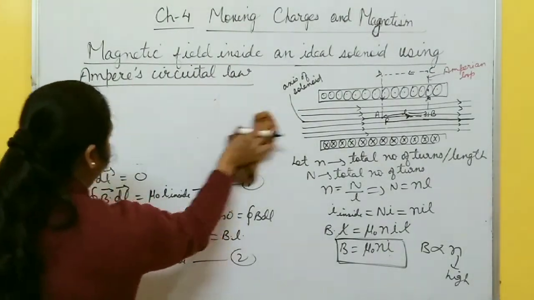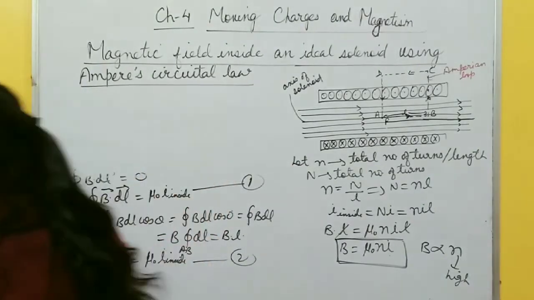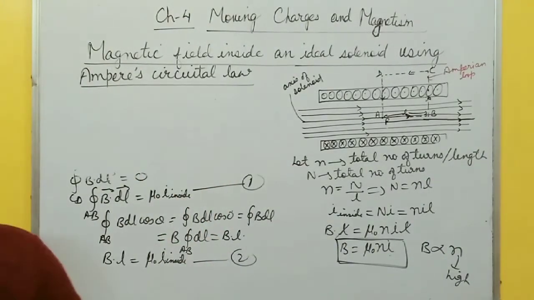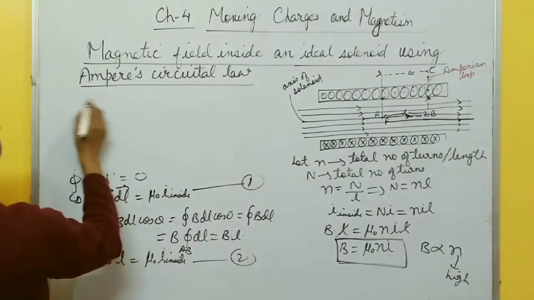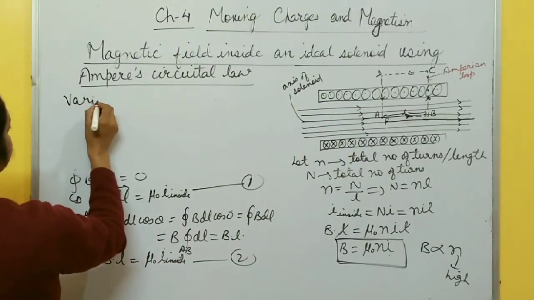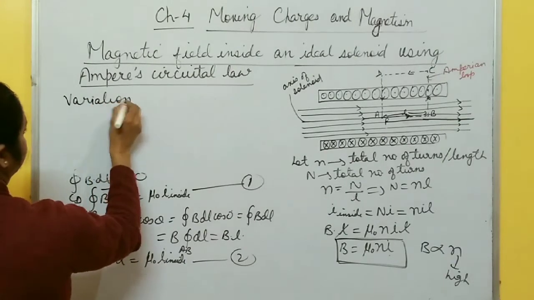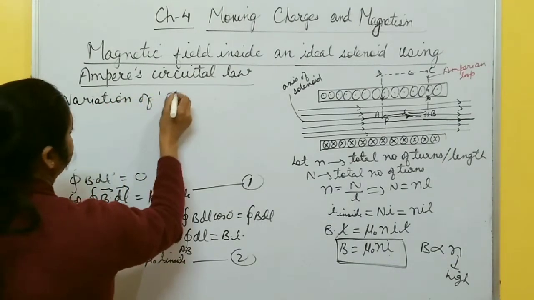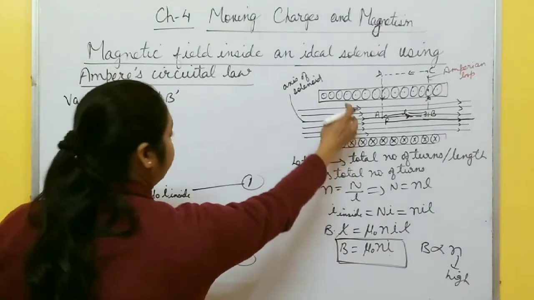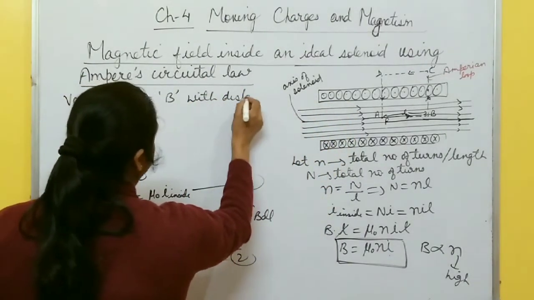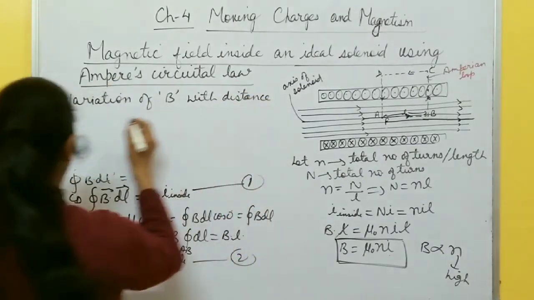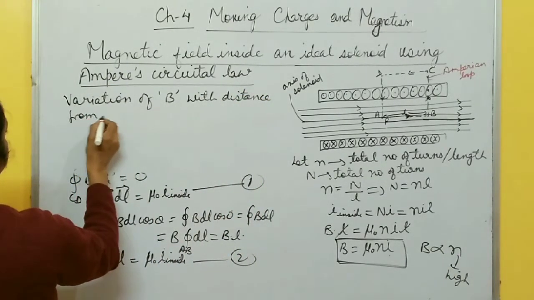In a 1 mark question it may generally come that draw a graph between magnetic field and distance x from the axis of this solenoid. So the variation of magnetic field B along the axis of the solenoid with distance x from its center.